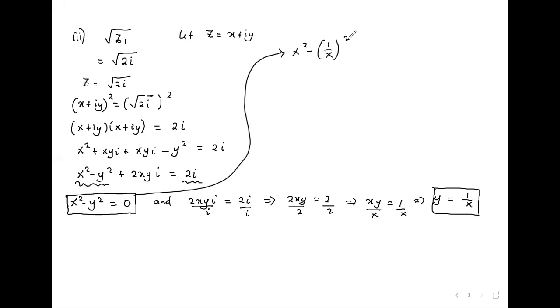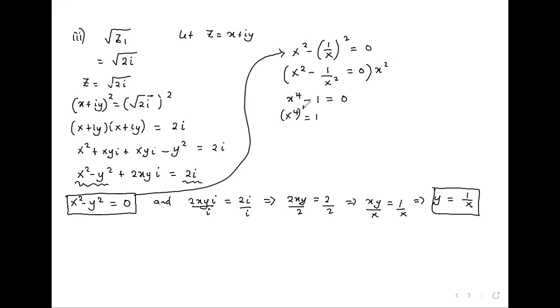And then we square it is equal to 0. Meaning we'll have x squared minus 1 over x squared is equal to 0. Multiplying throughout by x squared, we'll have x power 4 minus 1 is equal to 0. Meaning x power 4 is equal to 1.